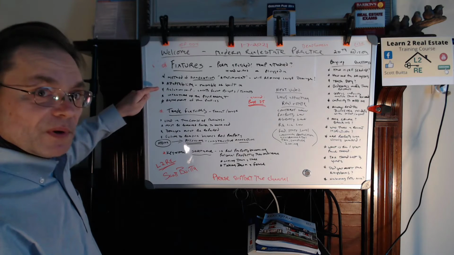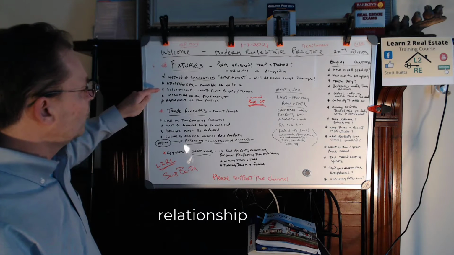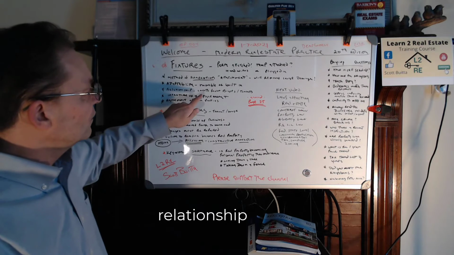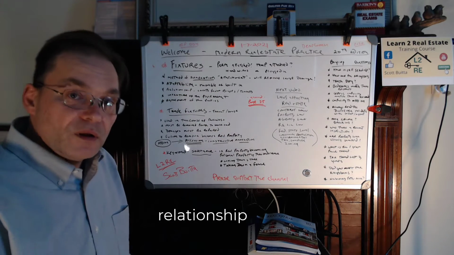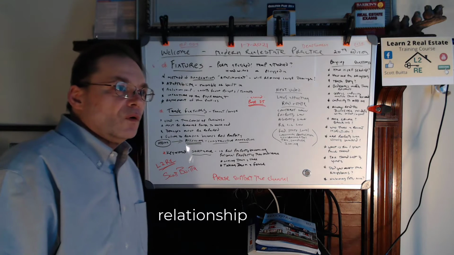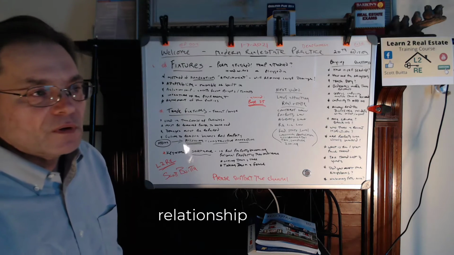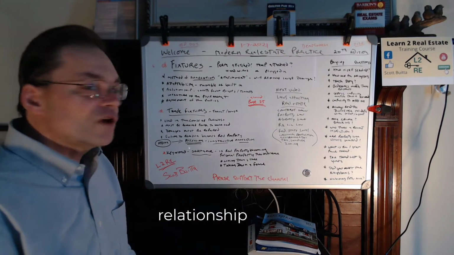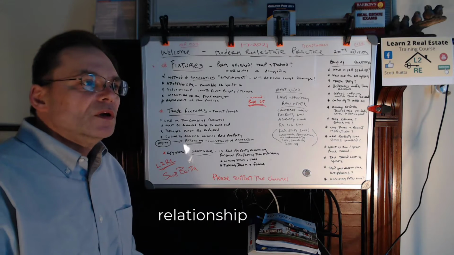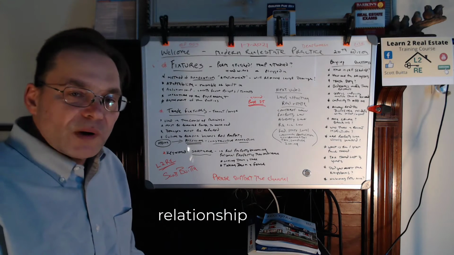The relationship, that's part of what is stated, that the courts favor buyers and tenants. So if there is an argument over a fixture between a buyer and a seller, usually there's a favoritism for the buyer.